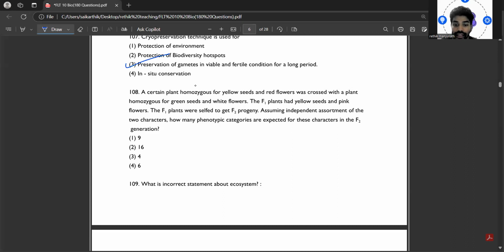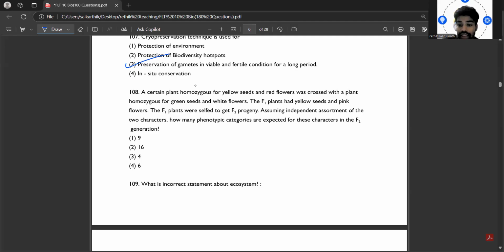In a certain plant, homozygous yellow seed and red flower. That means two genes: one is seed color and the other is flower color. So yellow seed, which is the seed color, and red flower, which is the flower color, was crossed with a plant homozygous for green seed with white flower.